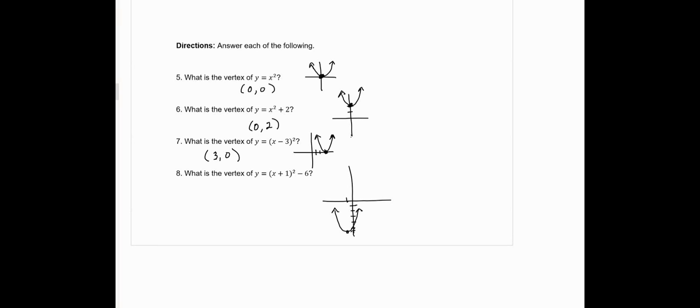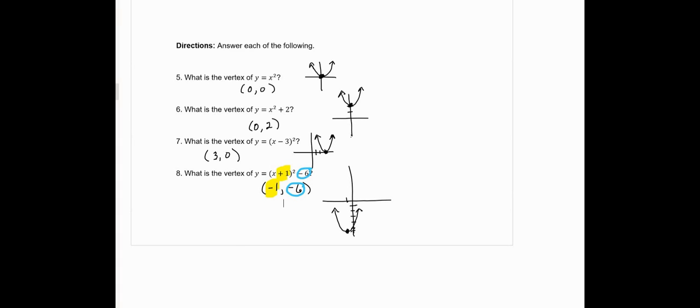And that vertex is going to be at the point -1, -6. Now, what I want you to see here is that this -1 is the opposite of what this is, +1. And this -6 here is the same as this -6.